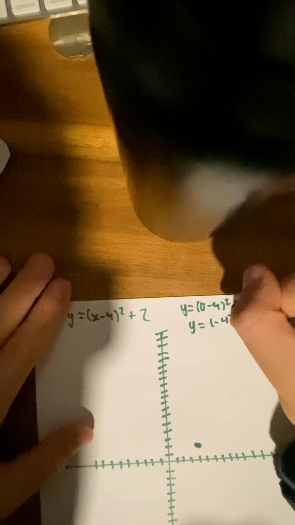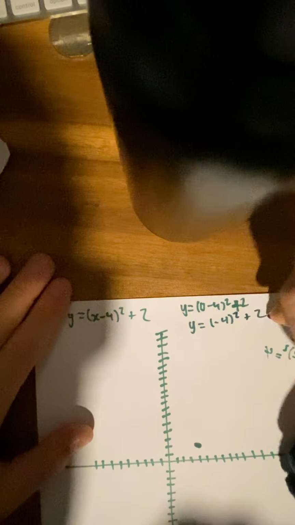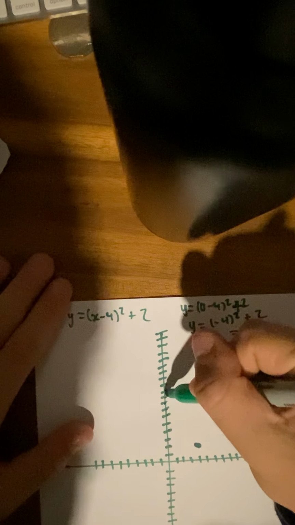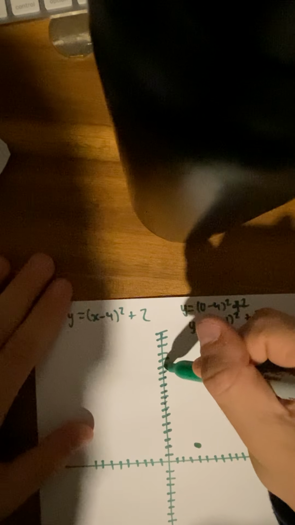So solving for the y-intercept, we get y equals (minus 4) squared plus 2, which will equal 18. So if we count up here, 1, 2, 3, 4, 5, 6, 7, 8, up to 17, 18, that is where the y-intercept goes.